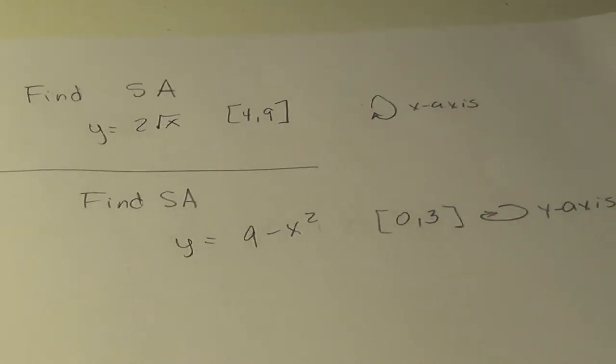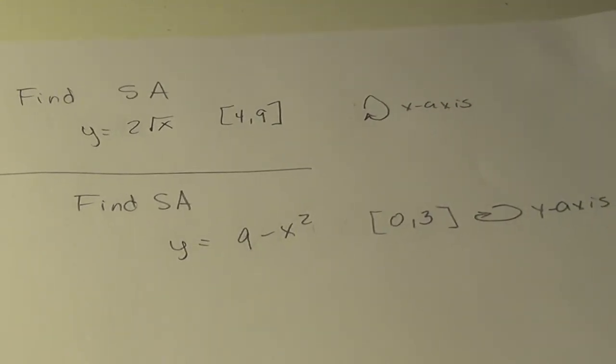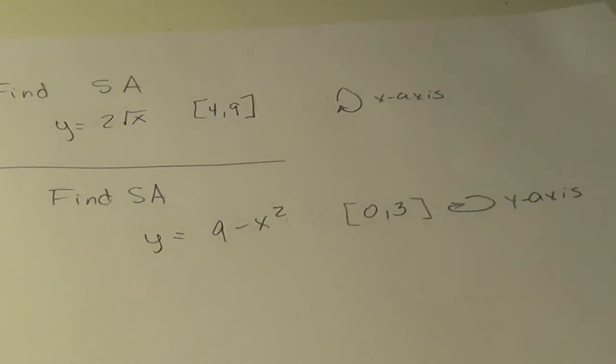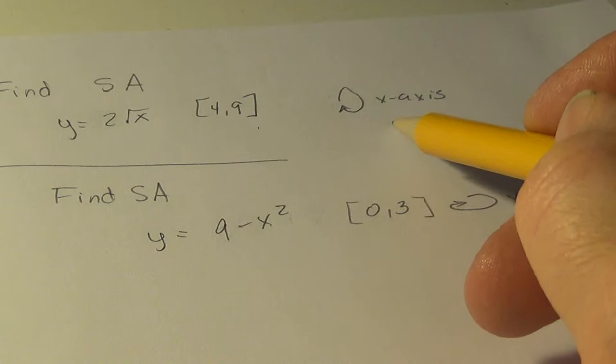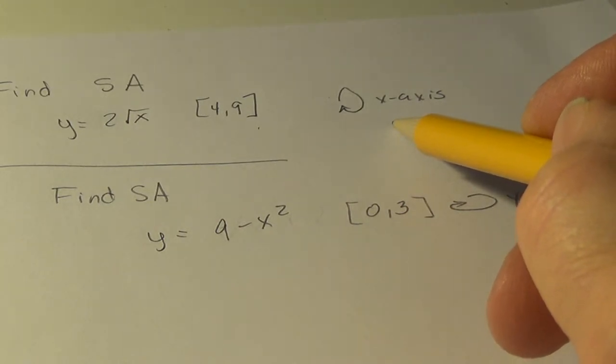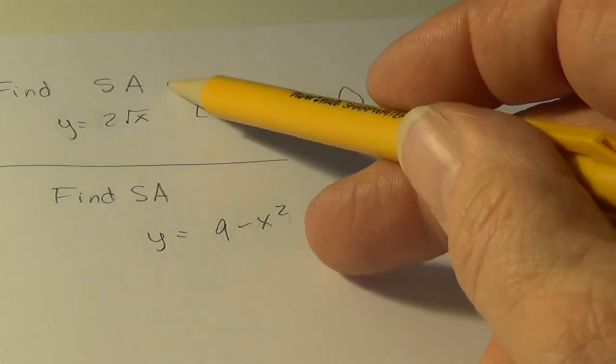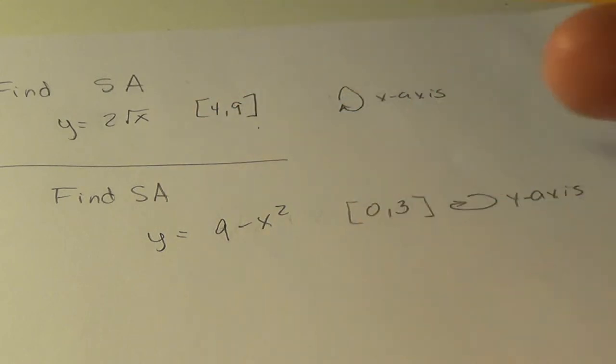I want you to find the surface area. One of them we're going around the x-axis, and one of them we're going around the y. You can see which is which here. Find the surface area, taking this function between 4 and 9 and revolving around the x-axis, and finding the surface area of the figure that ensues.